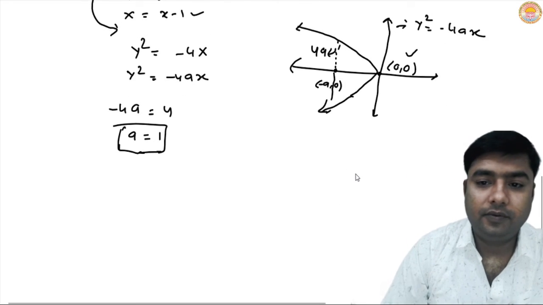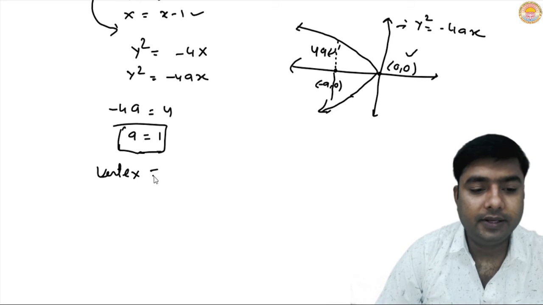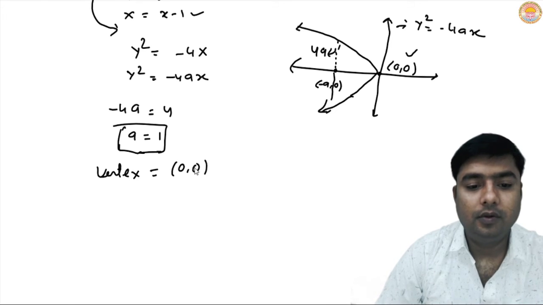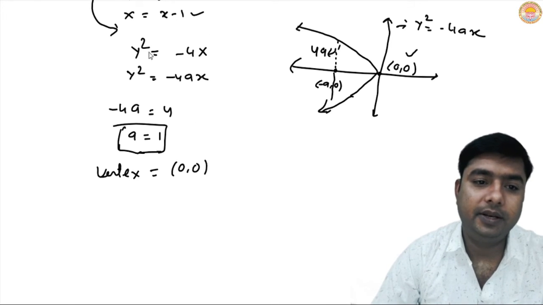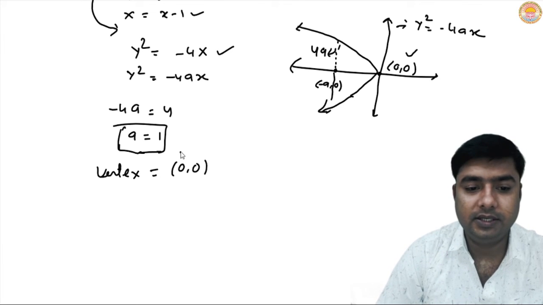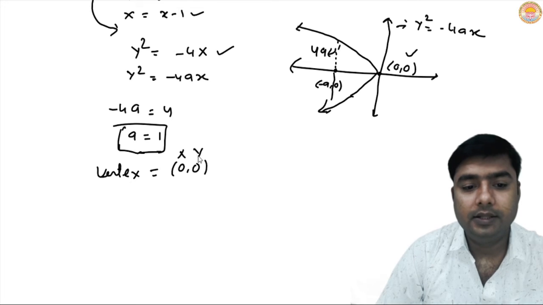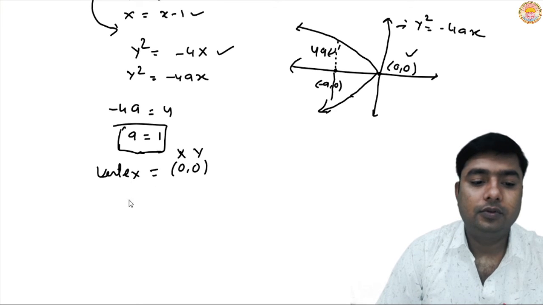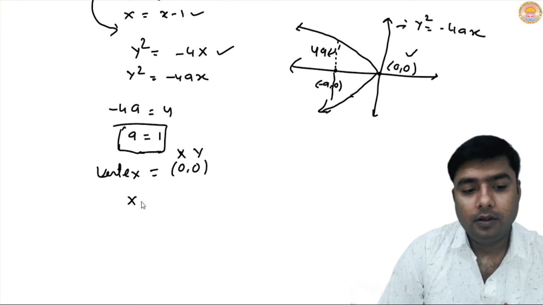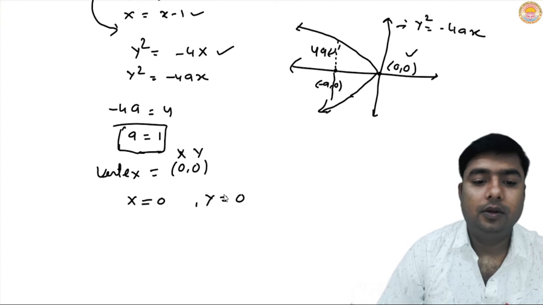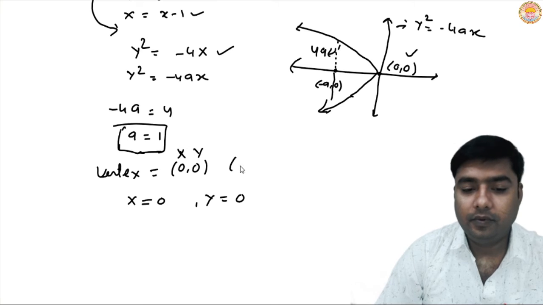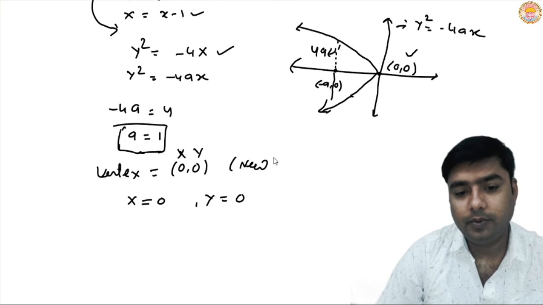Now put the value of the vertex. The vertex equals 0 comma 0. We are comparing with capital letters of the parabola, so capital X equals 0 and capital Y equals 0. This is the vertex for the new parabola.